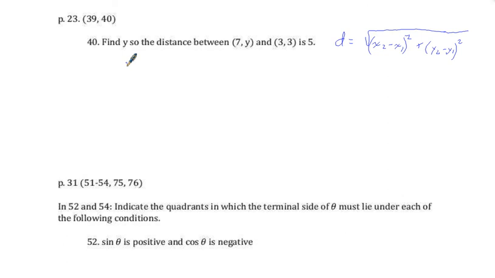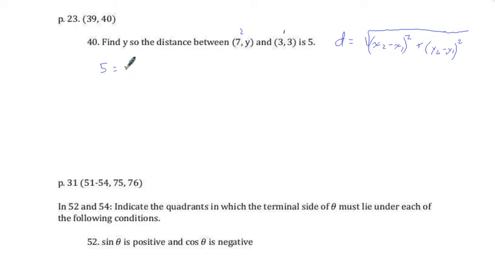Now, substituting what we know, I like to have positive numbers. I also want the variable to be first. So we're going to call this one point 2 and this one point 1 if we're going to use the formula in that way. So the distance is given as 5.